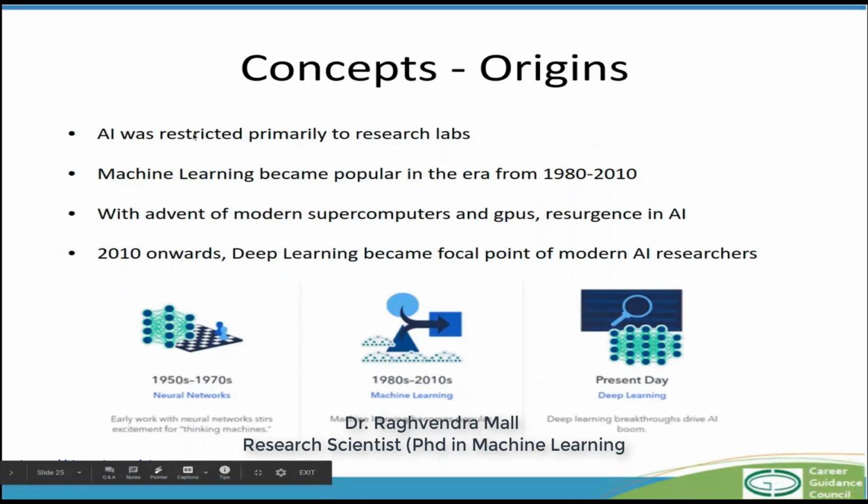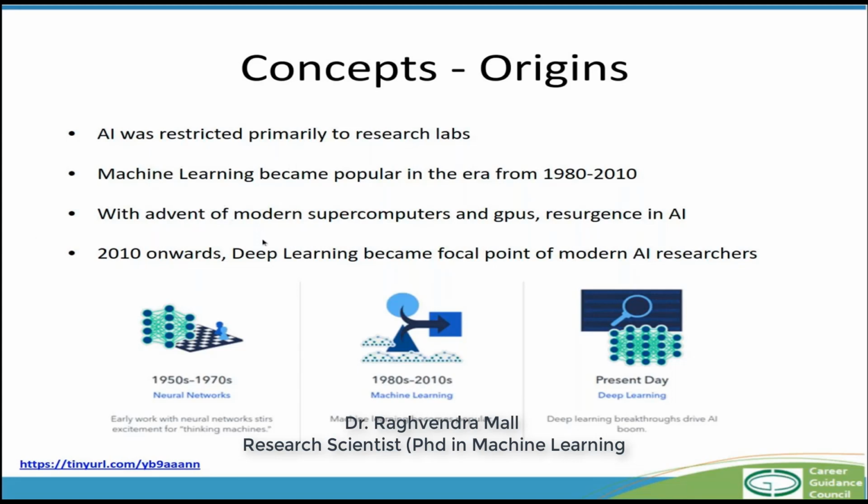AI initially was restricted primarily to research labs, and machine learning became popular from 1980 to 2010. When the AI bandwagon started to fall, people started to focus on simpler and less dense techniques from a computational point of view, and that led to the development of machine learning technologies at that time.